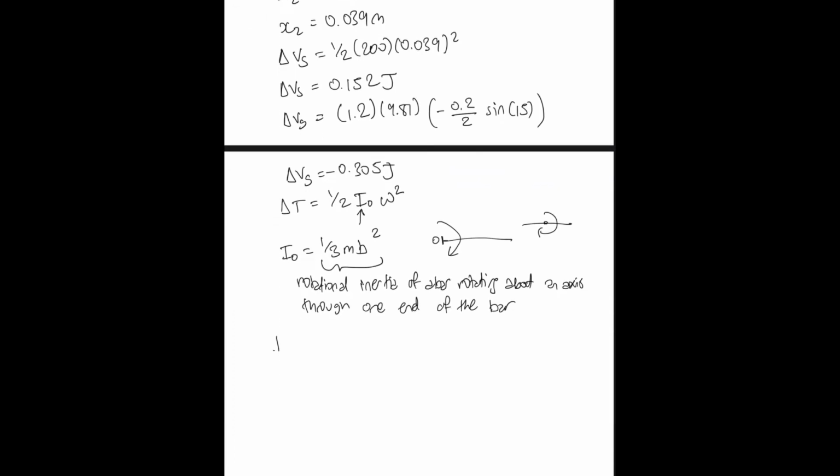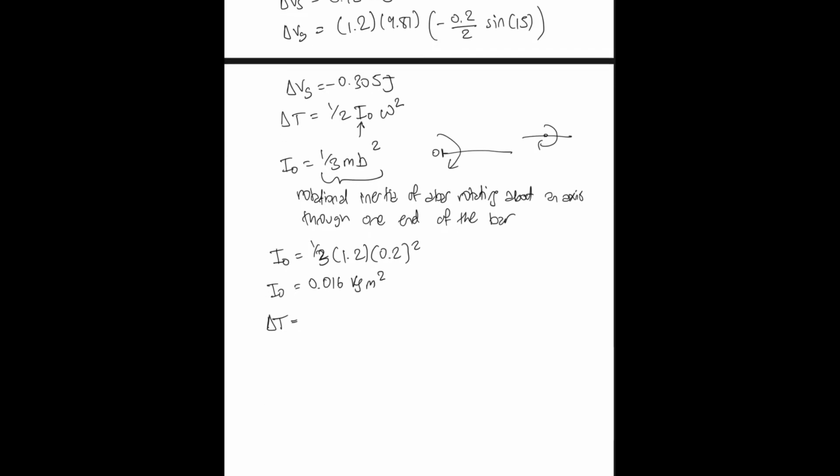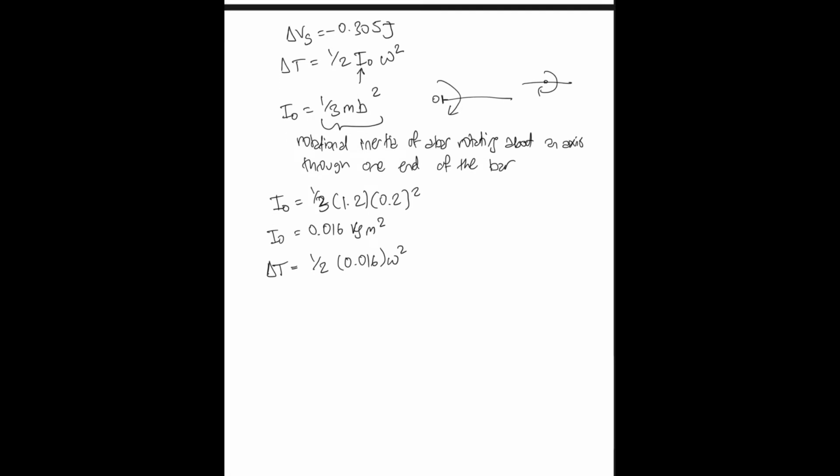Now that we found that equation, we just need to plug in our values to get the rotational inertia equal to 0.016 kilograms meters squared. And then when we plug that into our kinetic energy equation, we're left with omega squared that we're trying to find.